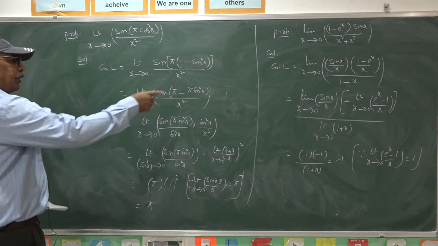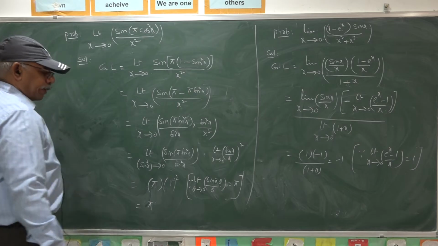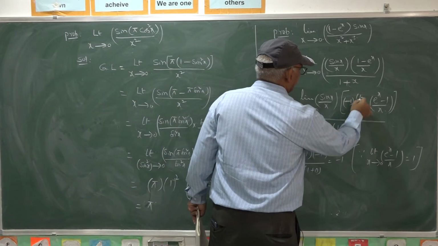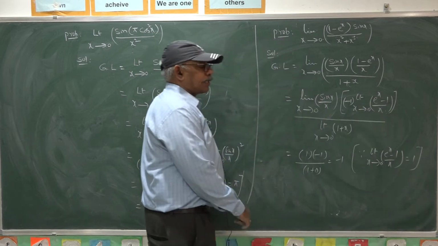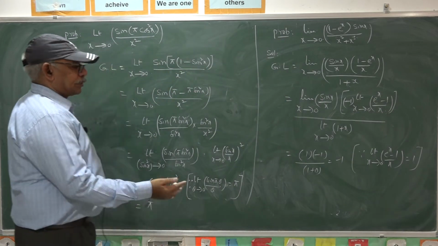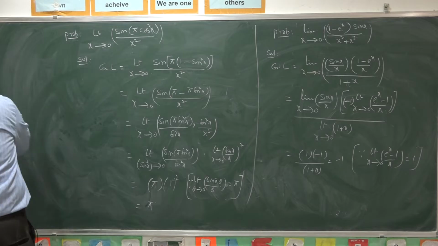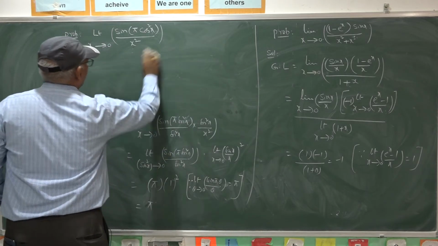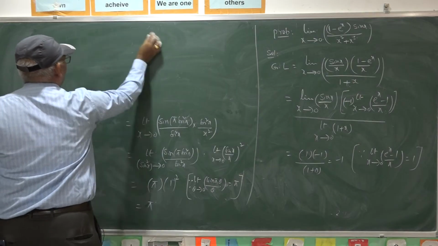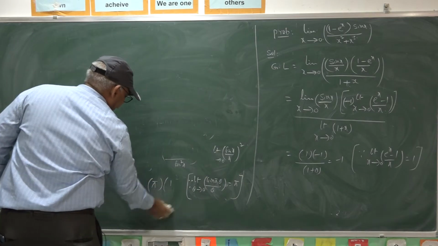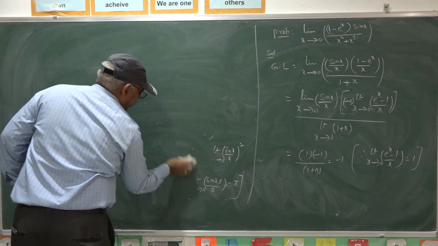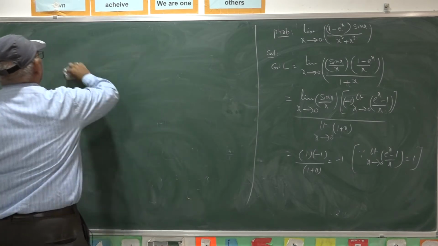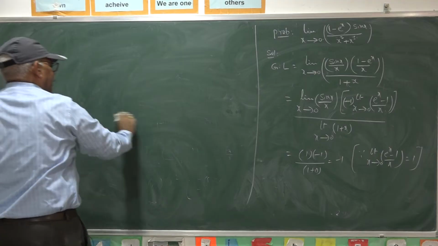Apply that formula in dealing with that limit: minus 1 into limit as x goes to 0 e power x minus 1 by x is minus 1. Once we are good at formulae, then you can easily evaluate the limit.